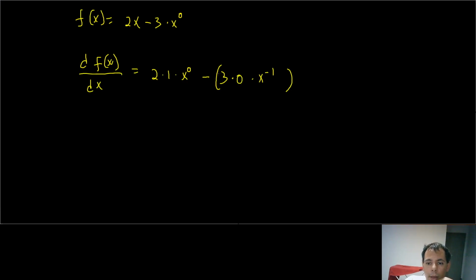Okay. Now here you go. What is this going to be like? Well, it's going to be 2 times 1 times x to the 0, which is just 2. Minus 3 times 0. Hey, it's 0. Yeah, I know you're multiplying this times x to the minus 1. So it's going to be 0 divided by x.